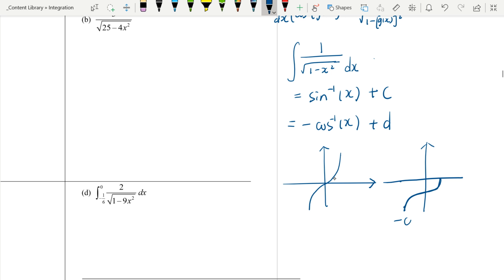That's negative cos inverse x, and that's sine inverse x. Obviously, those are two different graphs. But why, when I antidifferentiate the same equation, can I get two different answers?